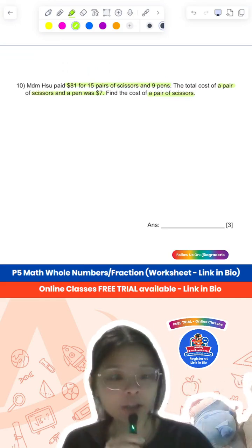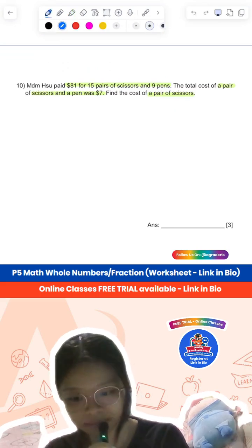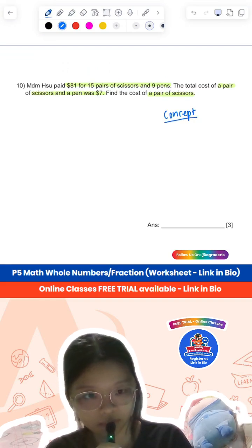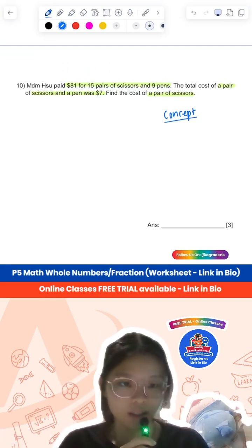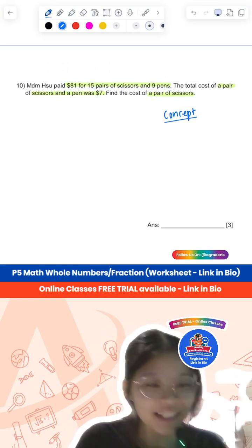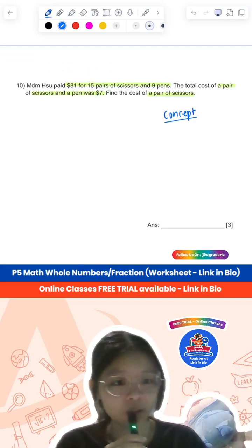Okay, can y'all tell me what concept this is? Anyone here knows the concept? Set theory. Do y'all call it set theory in school?